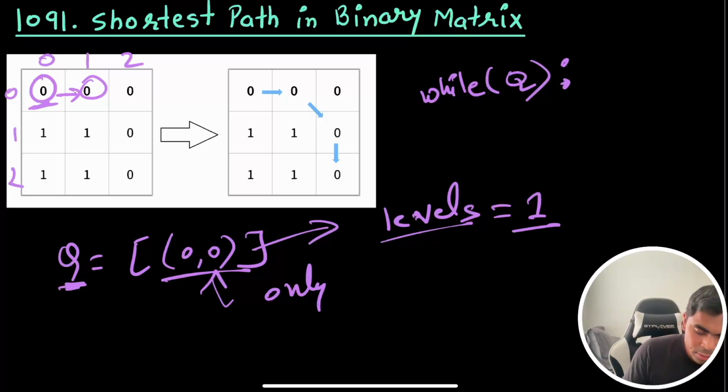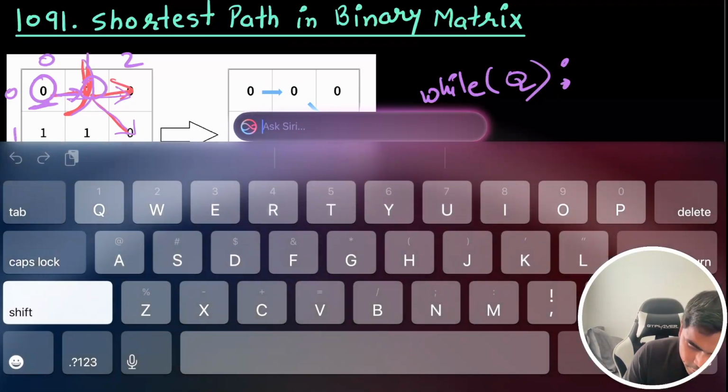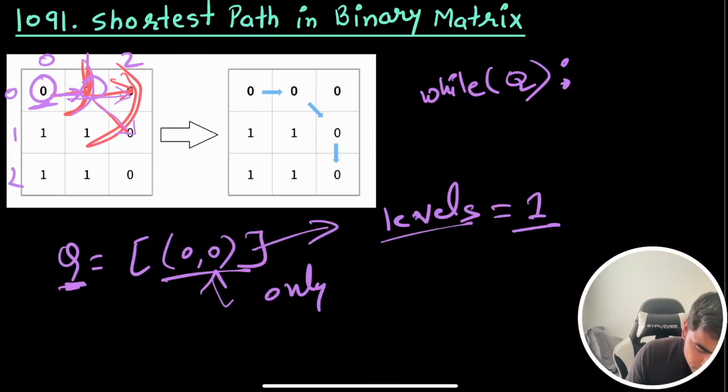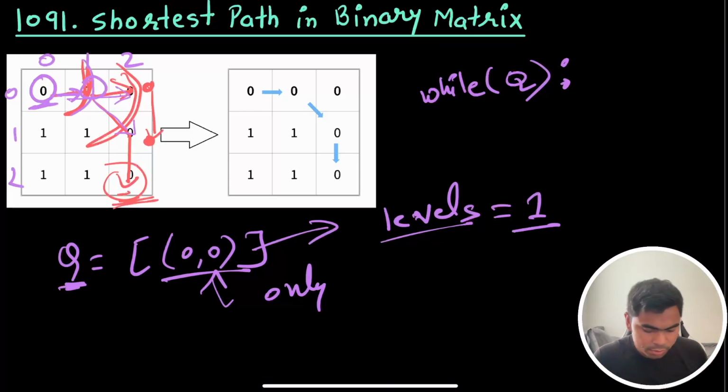As you keep seeing all these different values, you will keep appending them to your queue, and on one level you will explore the given number of nodes. Like on level 1 you will explore this particular cell, and then on level 2 you will be exploring these 2 at the same time. So that's your next level. From here the next level would be this, but of this cell the next level would be here. That is why this reaches here before this path, and that is why that's what we return.